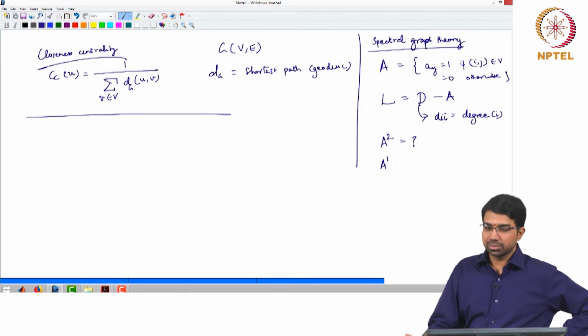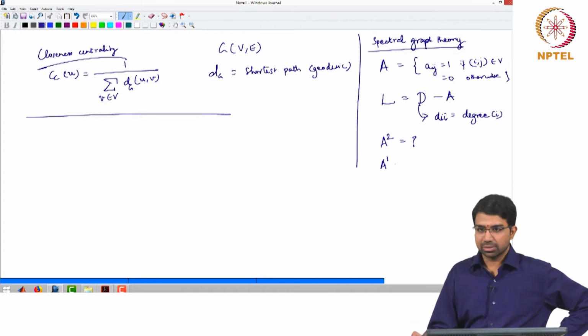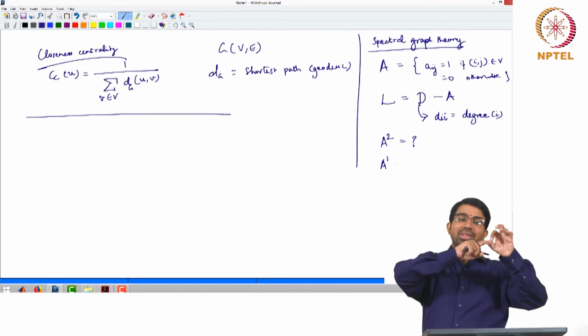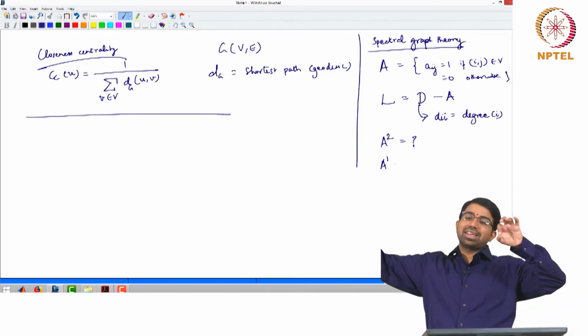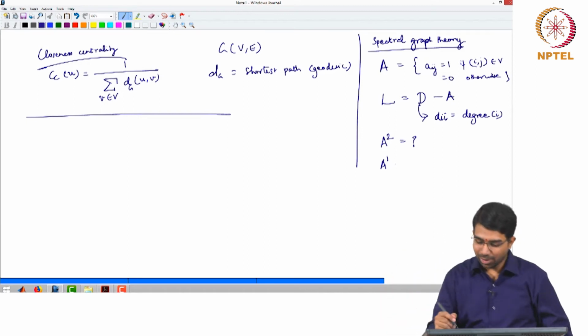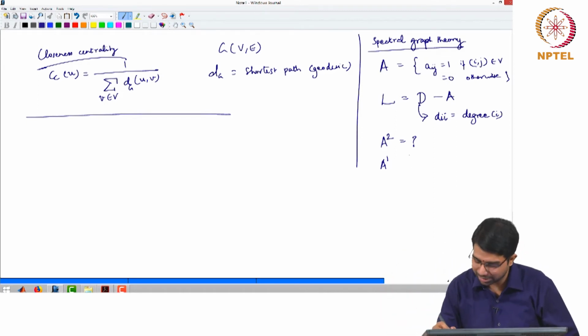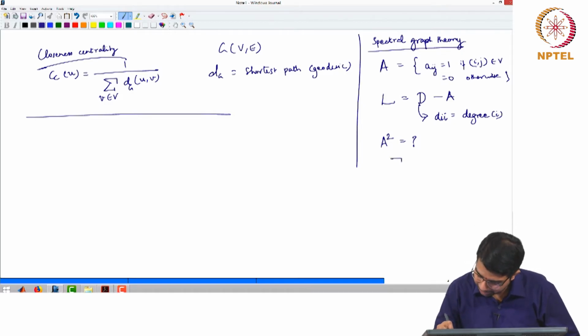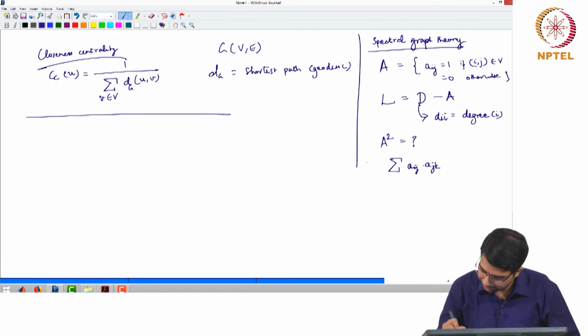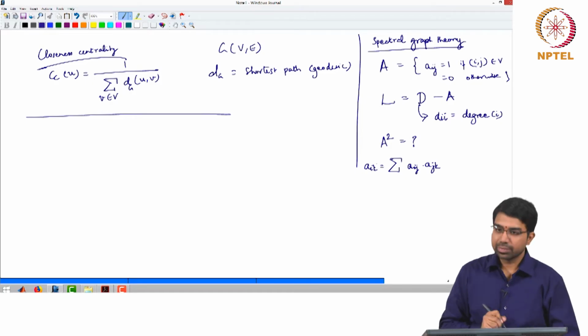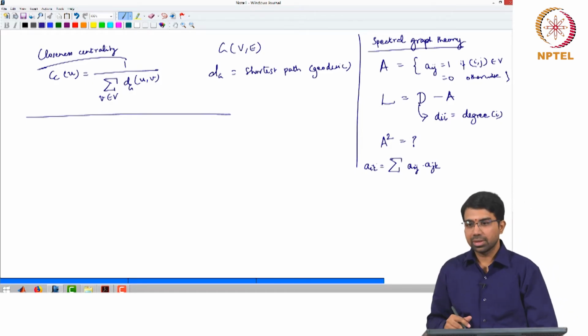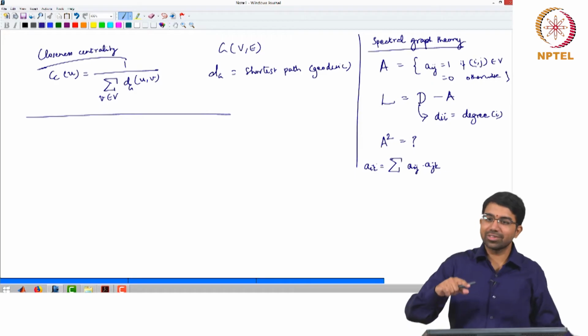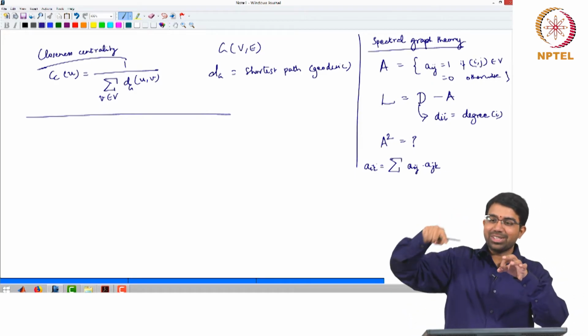A squared, it is A squared. So how will we get it? You will multiply and sum a_ij a_jk to get it. So let us look at what A squared is: sigma a_ij a_jk. This basically tells you if there is a way to go from i to j and then j to k.